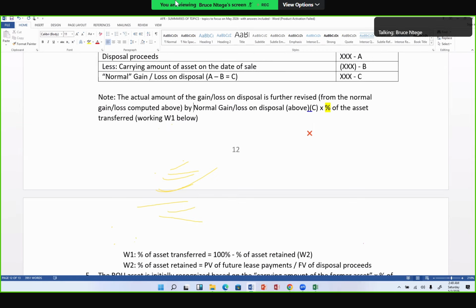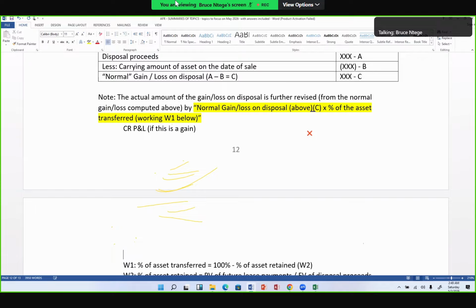So you basically based it on this figure here, that working. When you had that working, you are debiting or crediting it in the P&L. So we shall say credit the P&L if this is a gain. How about if it's a loss? If it's a loss, you're debiting the P&L.